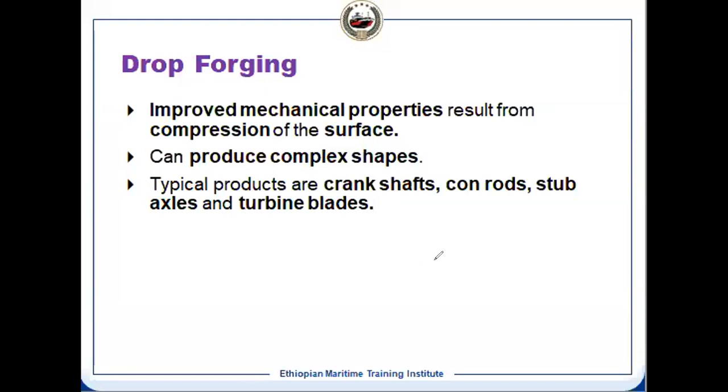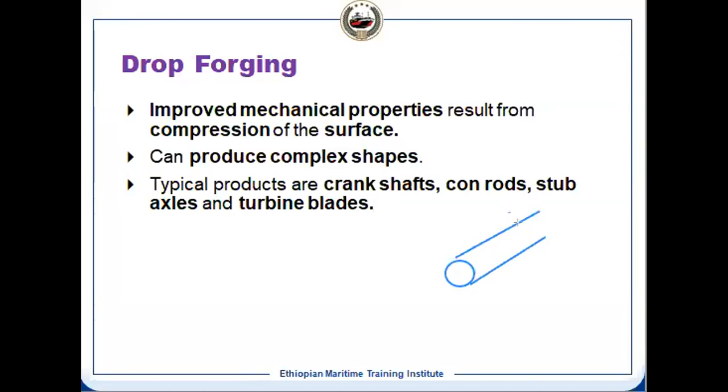In drop forging, what do you do? I think I had drawn one of the diagrams before, let me draw. For example, we want to make something like this. It is a rod and we want to give it a hexagon shape. So what will you do?